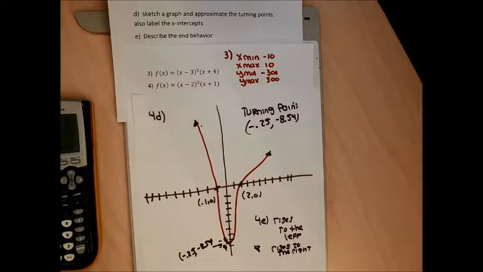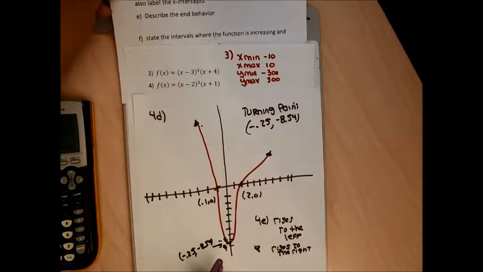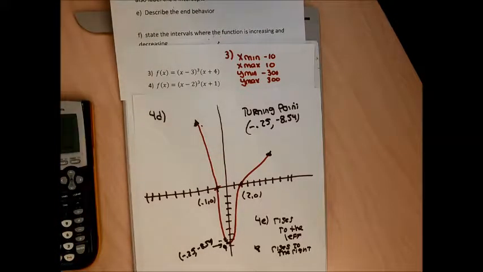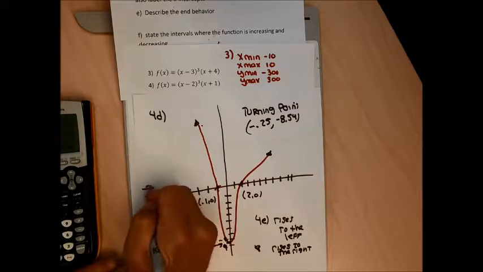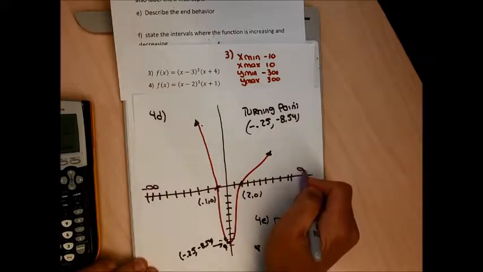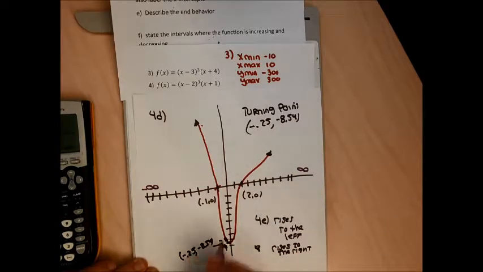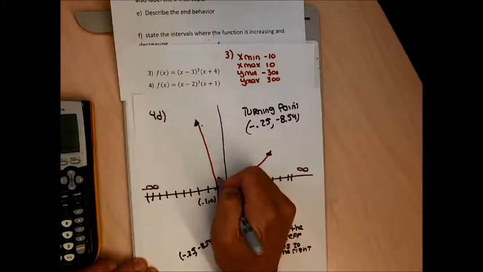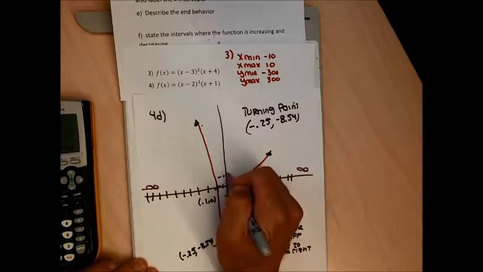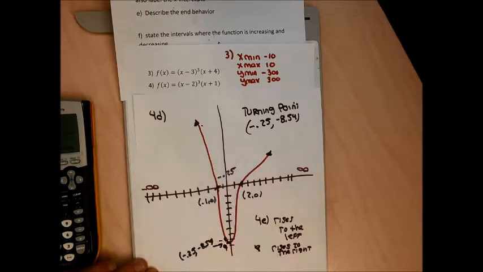For the increasing and decreasing part, which is the last part, 4f, state the intervals where the function is increasing and decreasing, I'm going to put negative infinity and positive infinity on the edges of my x-axis, and the x-coordinate of the turning point, which is negative 0.25, between the infinities.